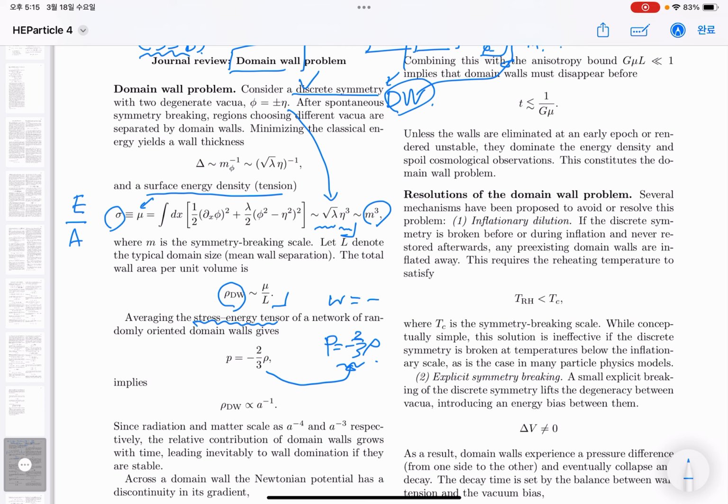So the equation of state is -2/3. This can be obtained by aligning the domain wall to one direction.